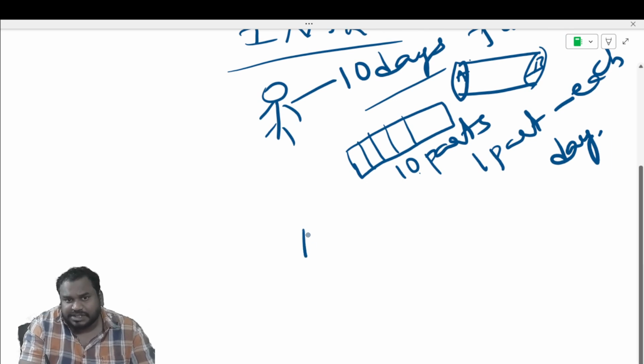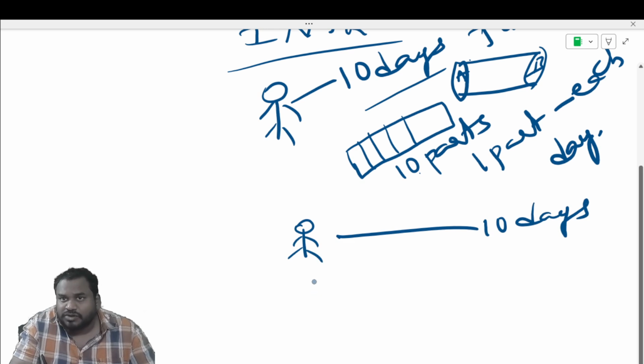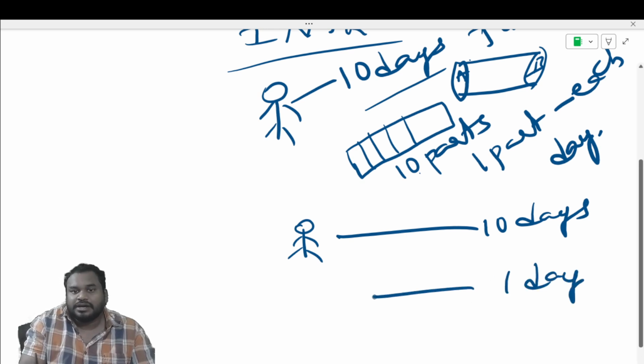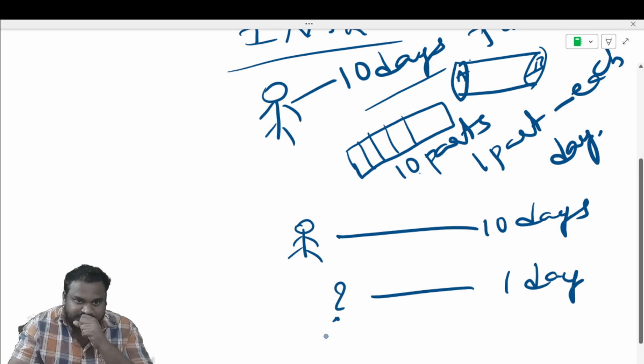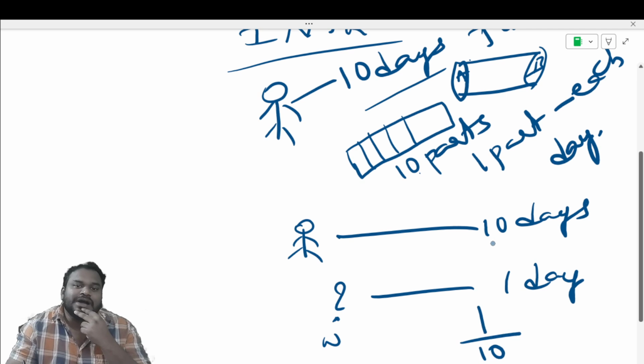If this person does the work in 10 days, how much work is he doing in one day? That is nothing but 1 divided by 10. So you have to take the reciprocal of the number of days, and that gives you the amount of work he is doing in a day.